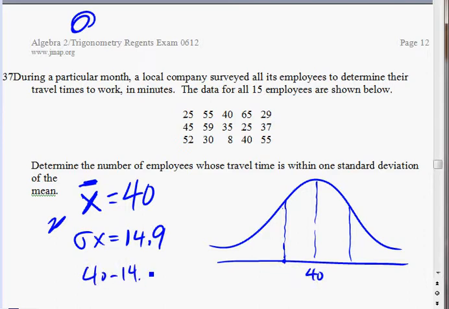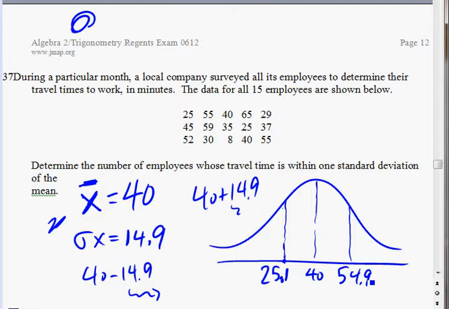subtract 14.9. That is going to be 25.1. That's one standard deviation on the left of the average. And for the right side, you can take 40 plus 14.9, and that'll give you the range on the right side over here, which is 54.9.